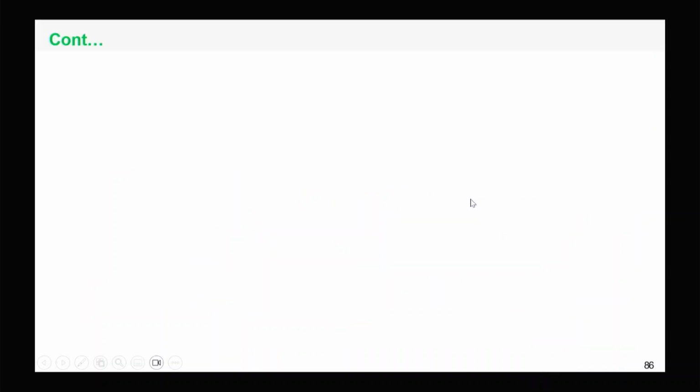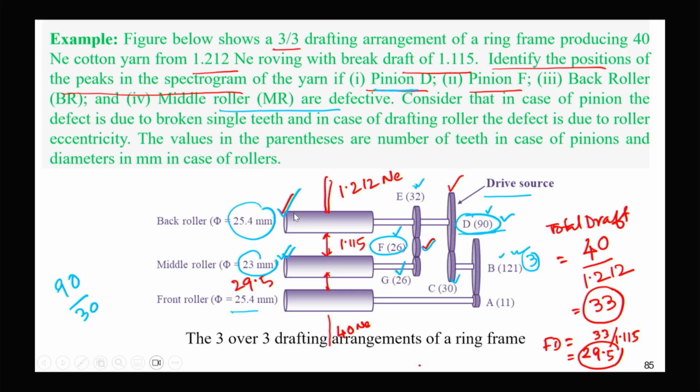This was one rotation of pinion D. Pinion C will be 3 rotations, pinion B will have 3 rotations, and the B to A ratio is 121:11. So A will rotate 11 times more than B. So it will rotate 33 times.